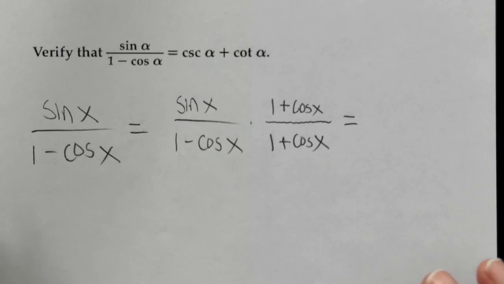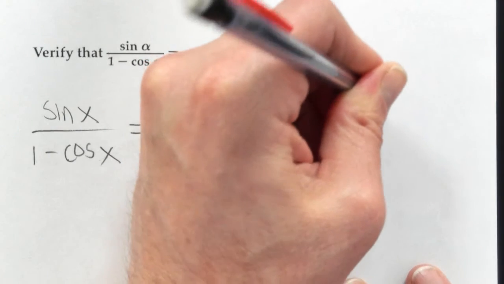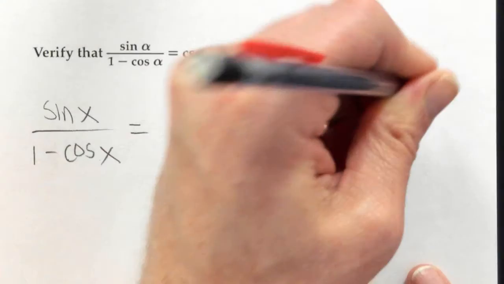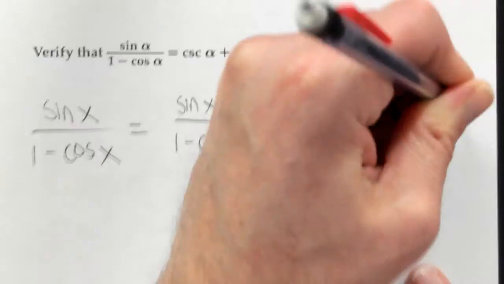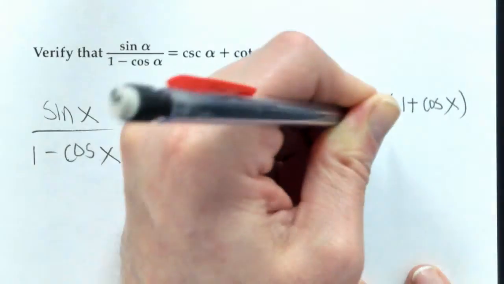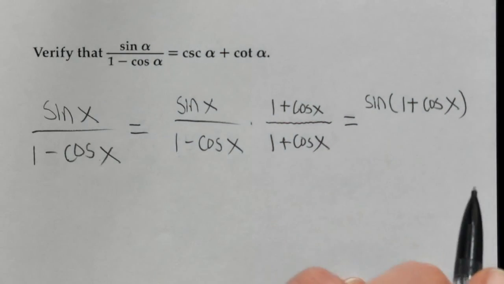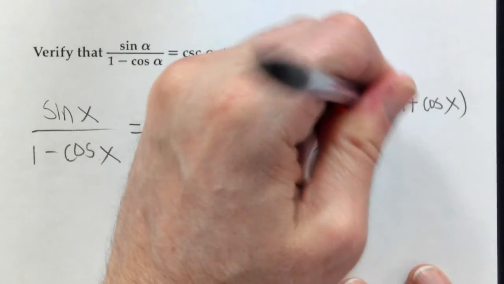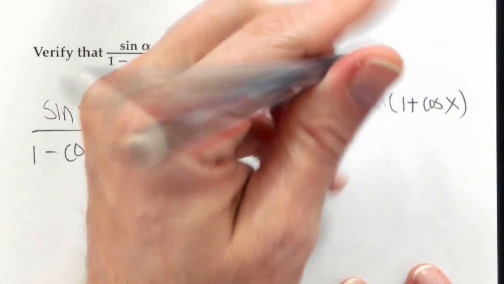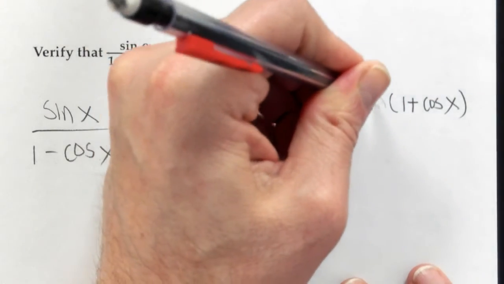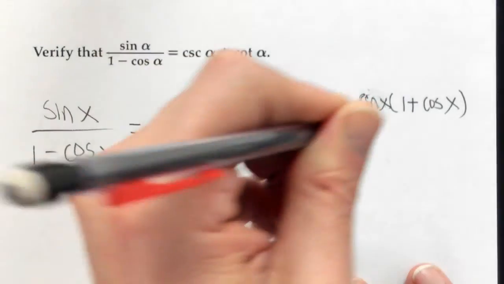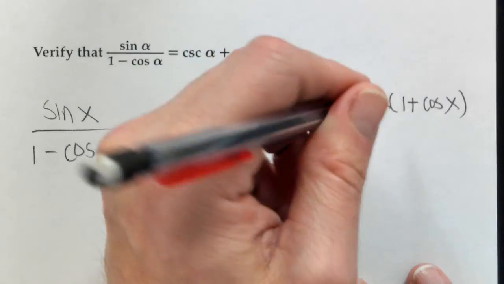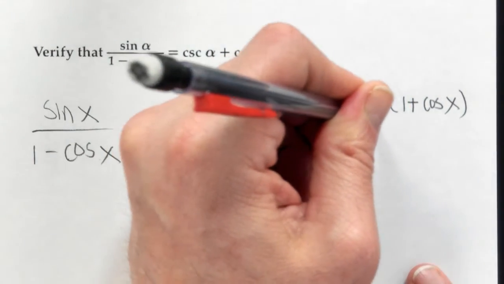On the top, we're going to have sine x times 1 plus cosine x. I'm not going to multiply that out, because our guidelines say to factor if at all possible. So I'm not going to multiply that through unless I have to make something else simplify.